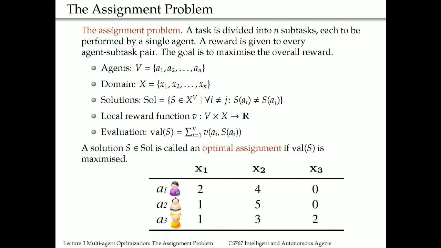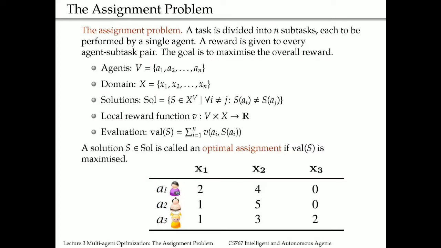So what is the assignment problem? Imagine we have a number of tasks, so there are n tasks, and each is allocated to an agent. And there's a reward which is given to the task. If the agent has a certain value chosen for the corresponding variable, then there's a reward gained by this agent, right?